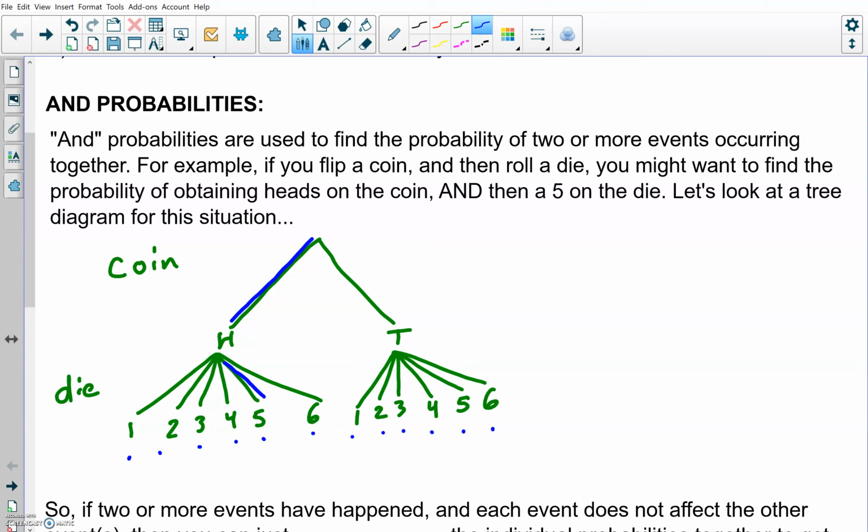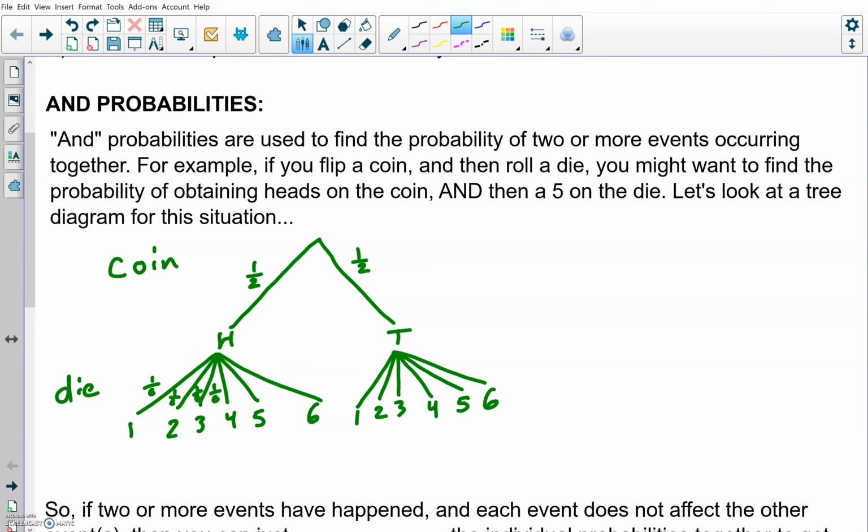So let's see how we can get that using some actual numbers of probabilities and lead up to a formula of some sort that we can actually use. So the coin, heads was a 1/2 probability, tails was a 1/2. The die, you got a 1/6 probability of each of these little branches occurring.